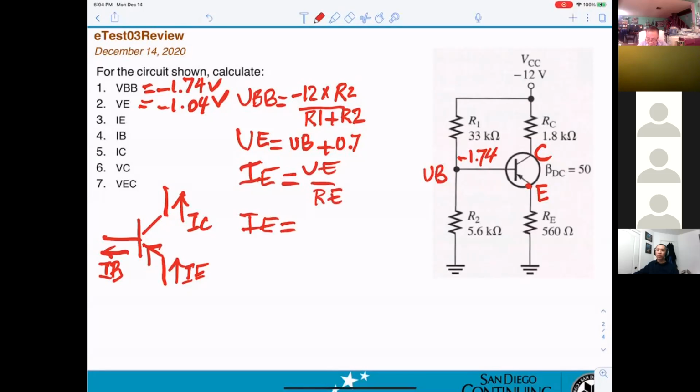IE, the current will flow this way. So this is 0 volt. This will be minus 1.04. So if you want to calculate the IE, you have to take the difference in potential: 0 minus minus 1.04, divided by RE.